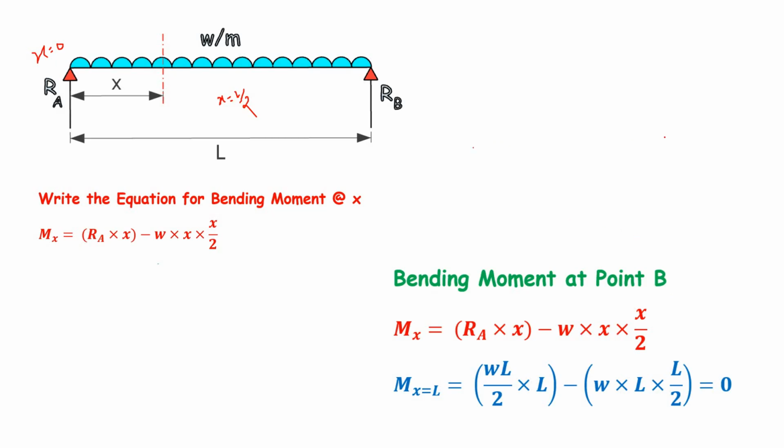So the bending moment diagram will be something like this, where here the bending moment is 0, here the bending moment is 0, at the center the bending moment is WL square by 8.